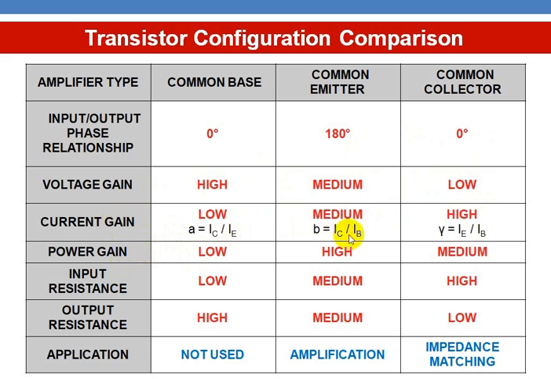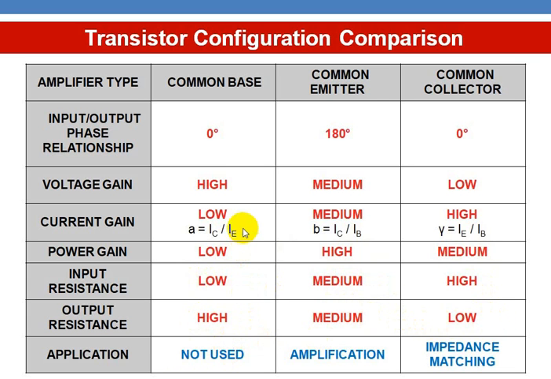And similarly, common emitter, the power gain is high, and common collector is medium. Input resistance, common base it is low, common emitter is medium, and common collector is high. Output resistance for common base is high, common emitter is medium, and common collector is low.